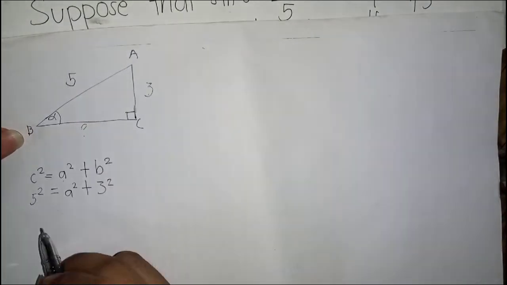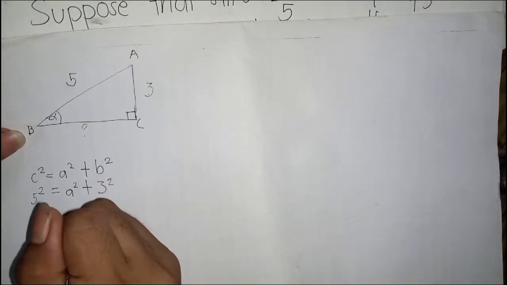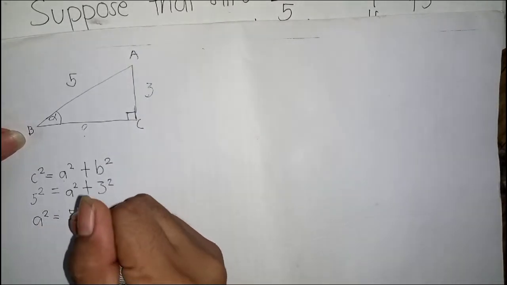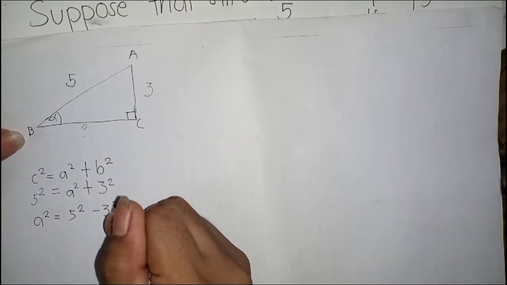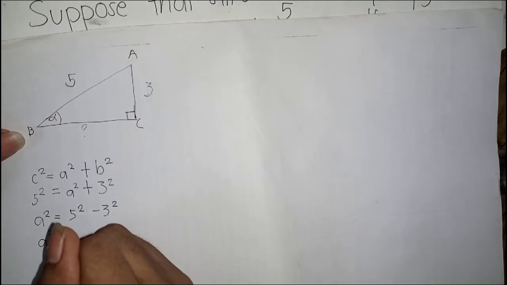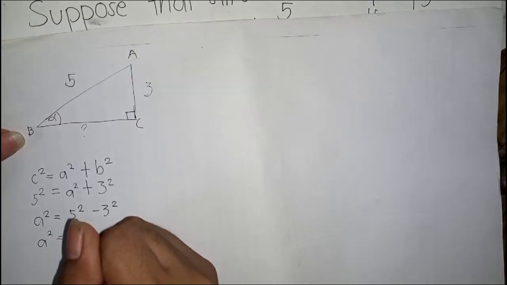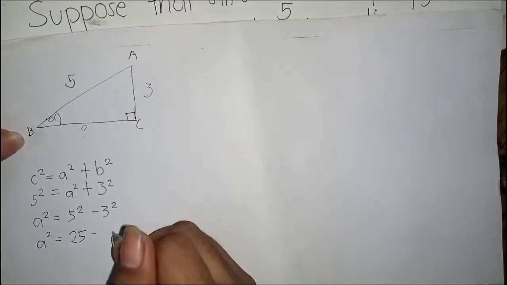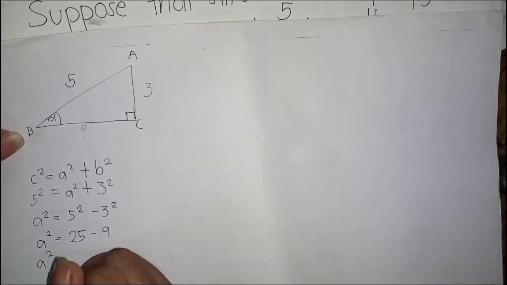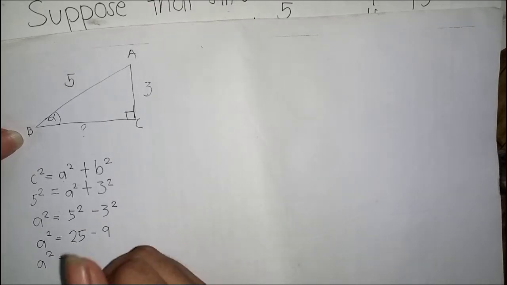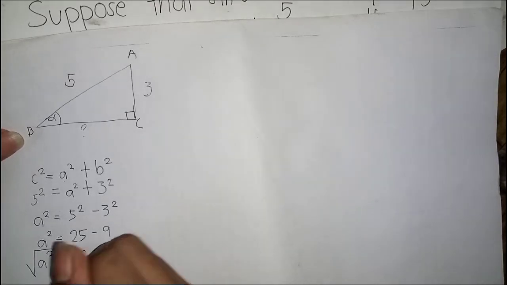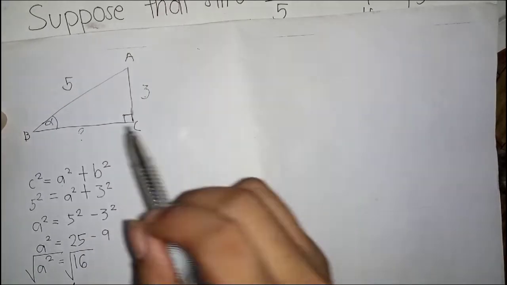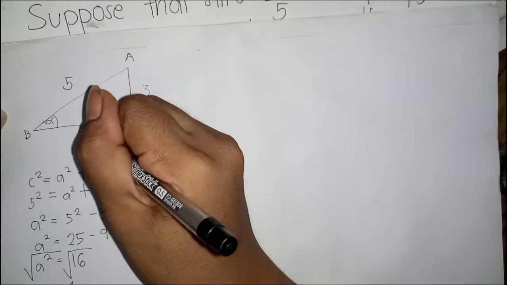Then, let's find the value of a squared. By using additive inverse, we will get 5 squared minus 3 squared. So, let's simplify. 5 times 5 is equal to 25. 3 times 3 is equal to 9. A squared is equal to 25 minus 9, which is 16. Then take the square root of both sides. So our a is equal to 4. So our missing side is 4.